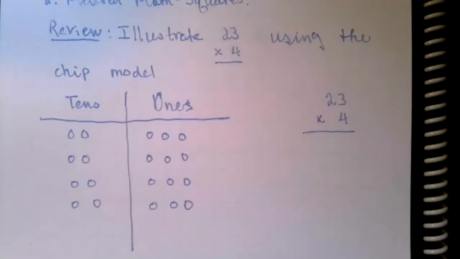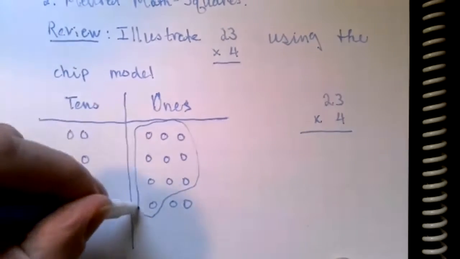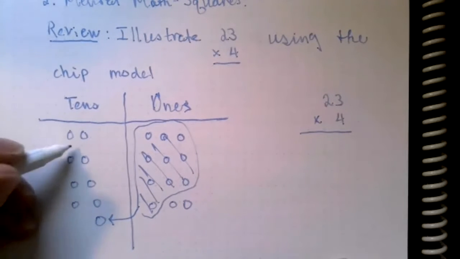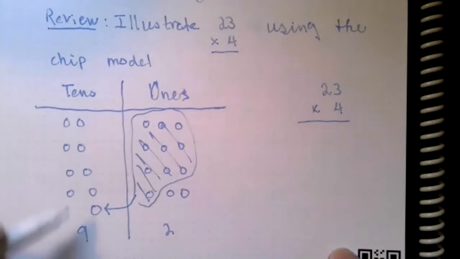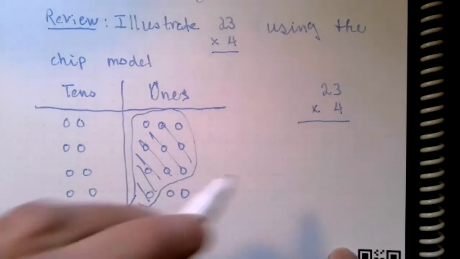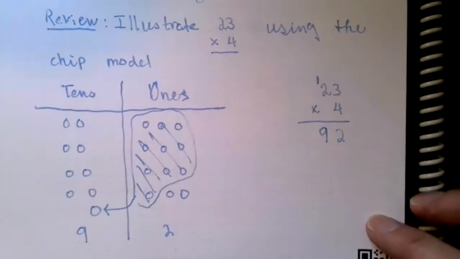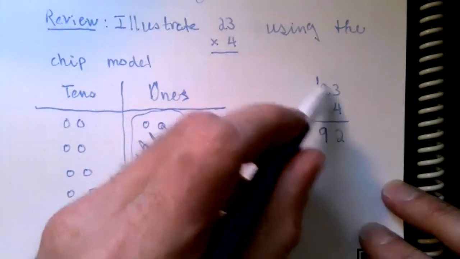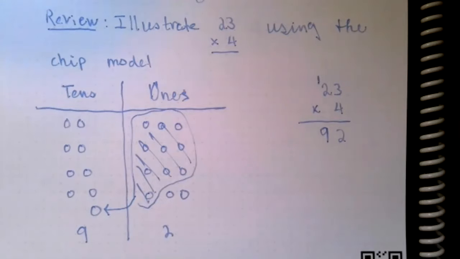That's okay for a start, but what we need to do is trade in 10 of these for a new chip in the tens place. And now we've got the place value working appropriately. You can't have any more than 10 in a single place. Okay, so 92. We bring an additional 1 over, and that's how we get the 9. Okay, so 4 times 2 gives us 8, plus the additional 1 that we had from rebundling gives us a total of 9 chips in the tens place, 92.